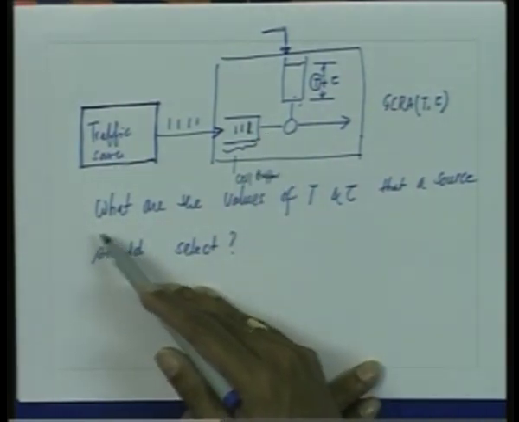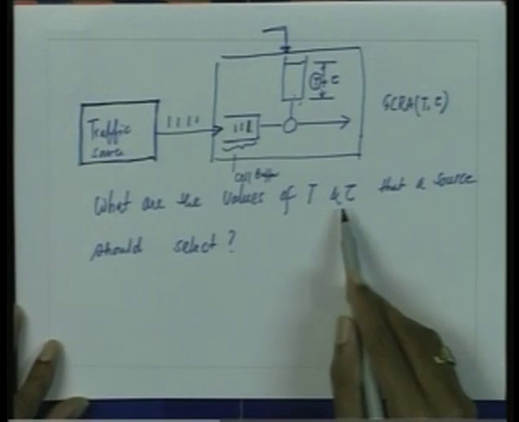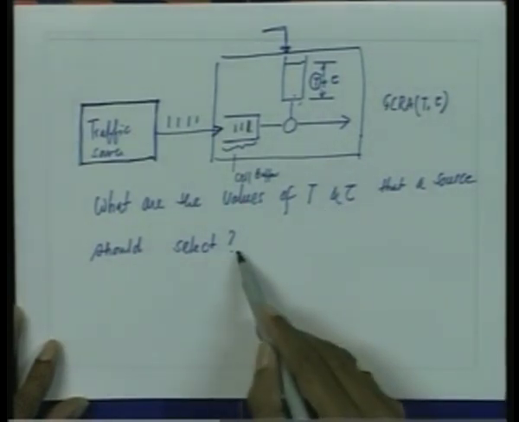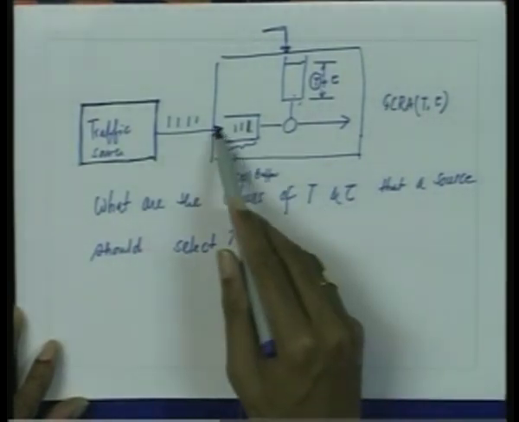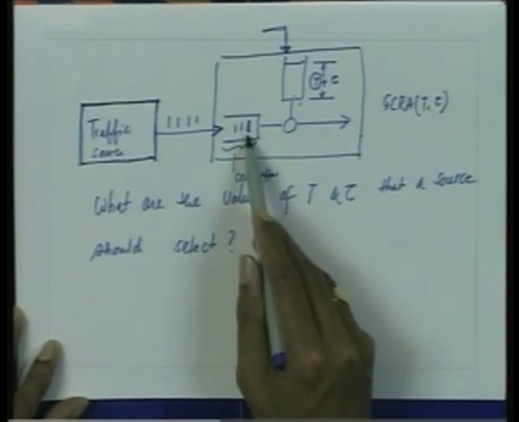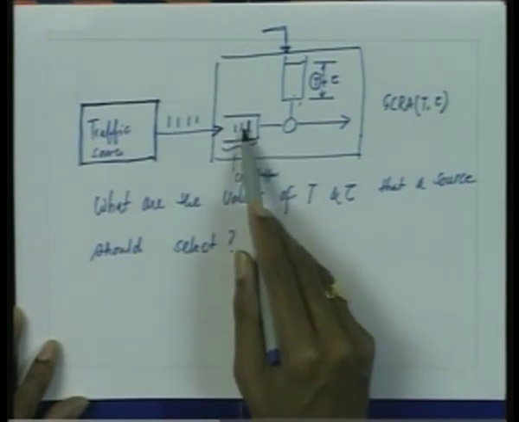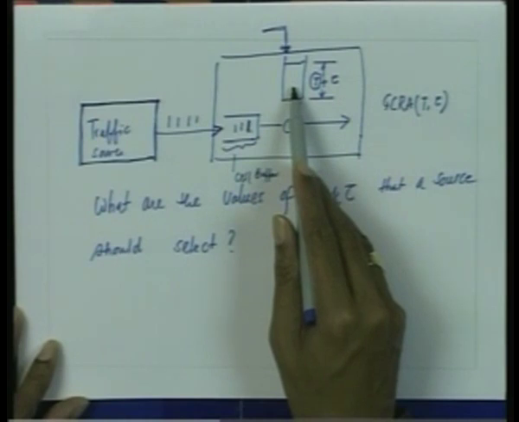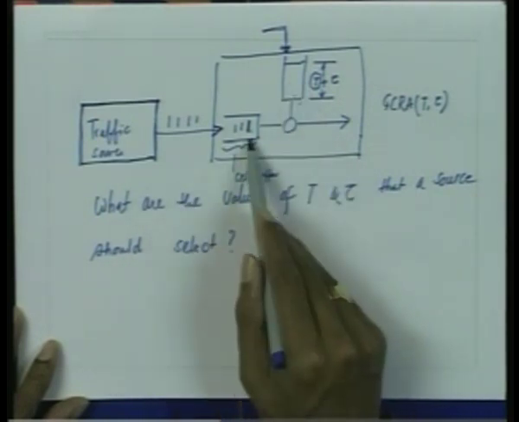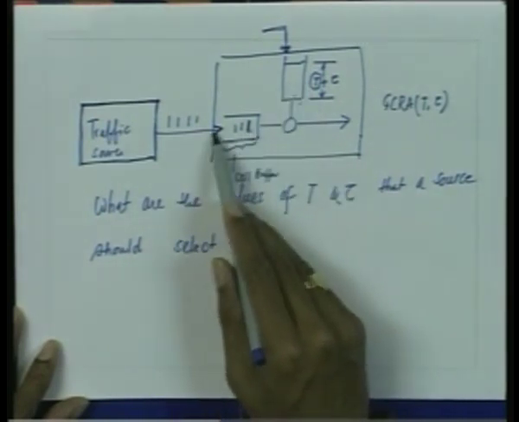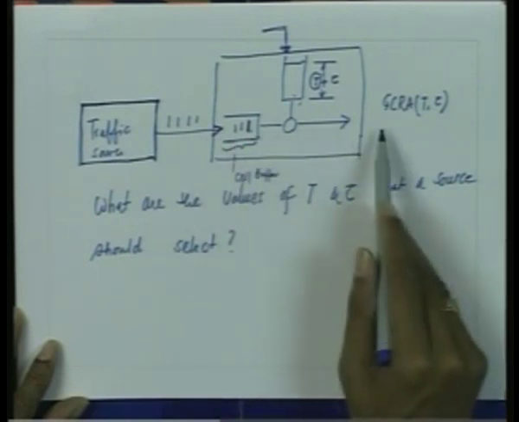Now, our question is what values of T and tau a source should select, because please note that since the cell is buffered in the cell buffer until an adequate amount of fluid accumulates in the bucket, the traffic source incurs some amount of distortion.